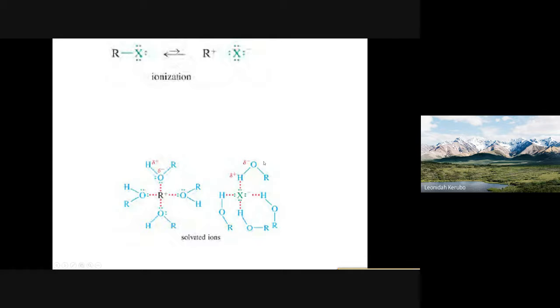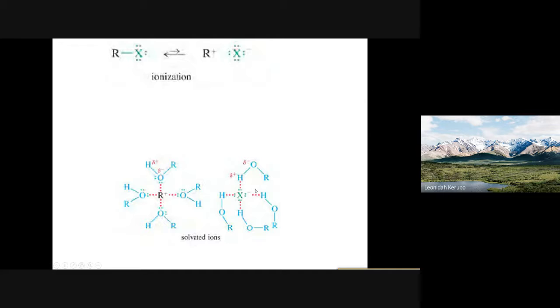When it comes to the halide ion, which is negatively charged, it will be stabilized by the hydrogen part of the alcohol molecule, because the hydrogen has a partial positive charge, being bonded to oxygen, which is more electronegative. This bond is polarized, so hydrogen has a partial positive charge and oxygen has a partial negative charge. The partial negative charge will not be attracted to the negatively charged halide.